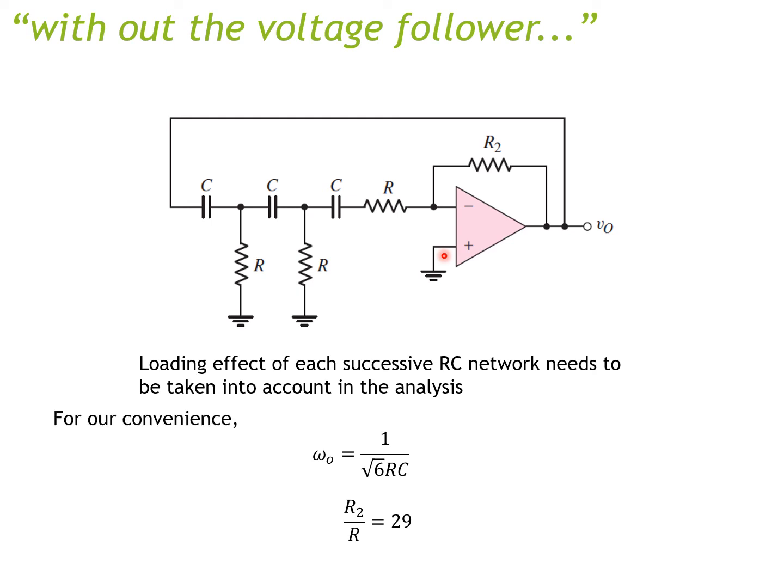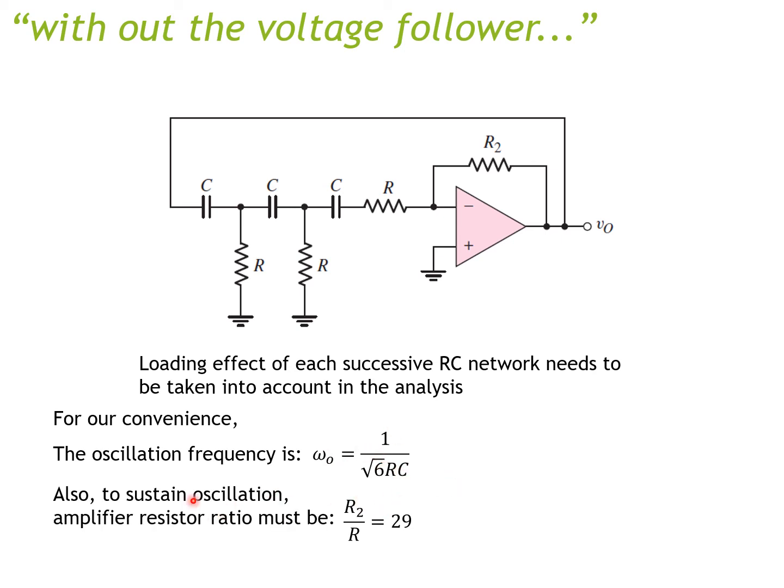So just for your checkup convenience, not deriving all of that, I'll give you the oscillation frequency. If you do it, you can derive a different oscillation frequency of 1 over square root of 6 RC. And also, in order to sustain the oscillation, the amplifier resistor ratio must be R2 over R equal to 29.